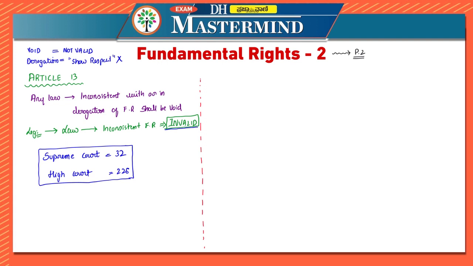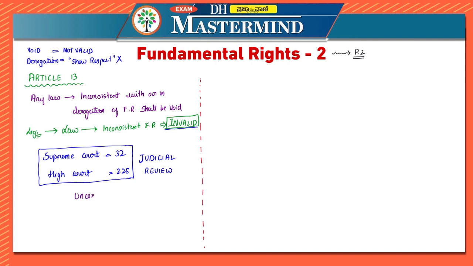This is upheld by the courts, and this power which the courts have is called the doctrine of judicial review. It is called judicial review. So the High Court or Supreme Court can declare a law as unconstitutional.